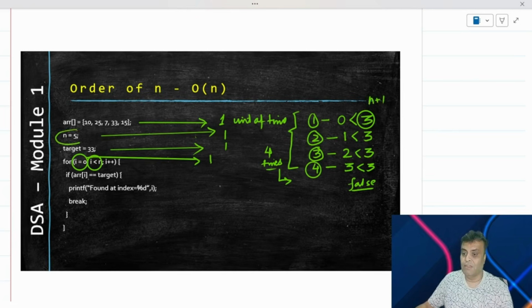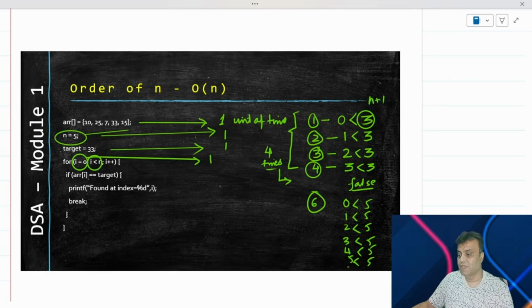Now actually we had 5 inputs, right? Because we have 5 elements in this array. So ideally this should have gone till 6. So we should have checked 0 is less than 5, 1 is less than 5, 2 is less than 5, 3 is less than 5, 4 is less than 5, 5 is less than 5, and then it would have come out.